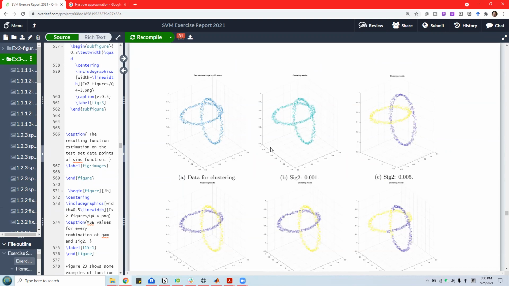Yes, but I think there is no exact rule about whether sigma equal to 0.001 should be separate or not. Maybe the separate rings I got are right or not.